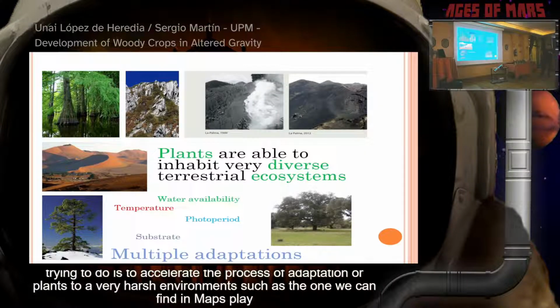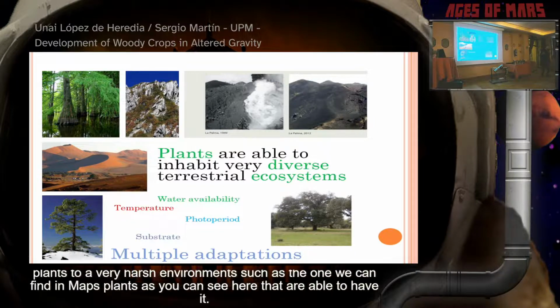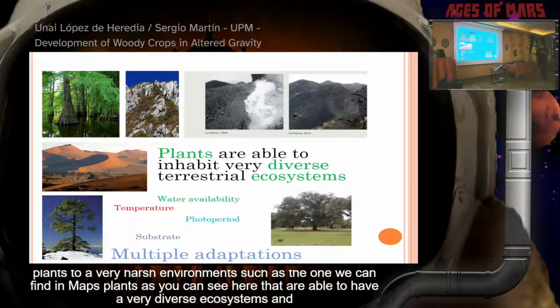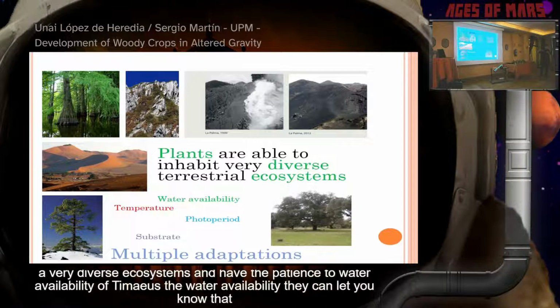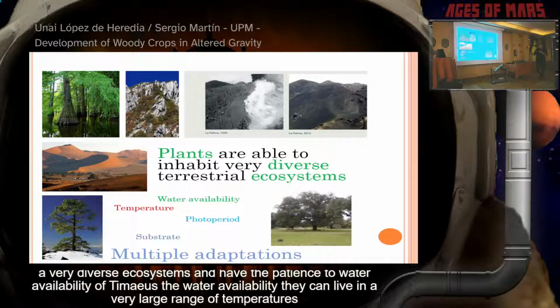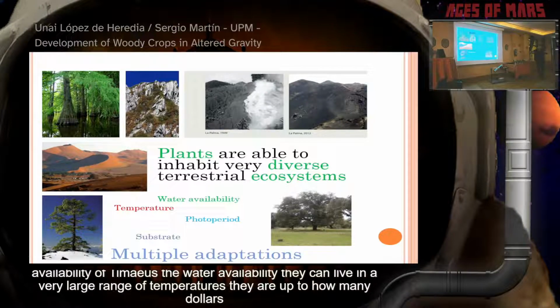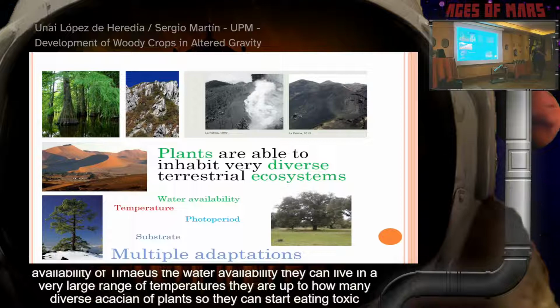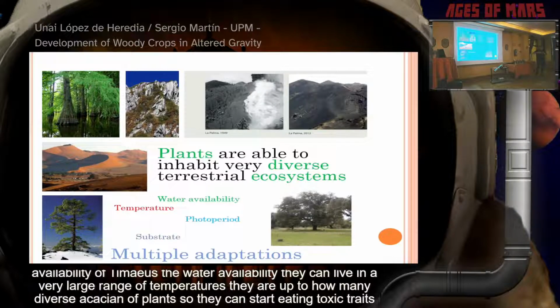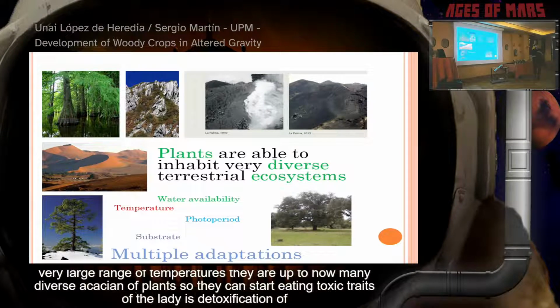Plants, as you can see here, are able to inhabit very diverse terrestrial ecosystems and have developed multiple adaptations to optimize water availability. They can live in a very large range of temperatures. They are adapted also to the photoperiod. We have a huge diversification of plants, so they can live almost in any substrate, even in toxic substrates. One of the leading fields of research is detoxification of soils using plants.